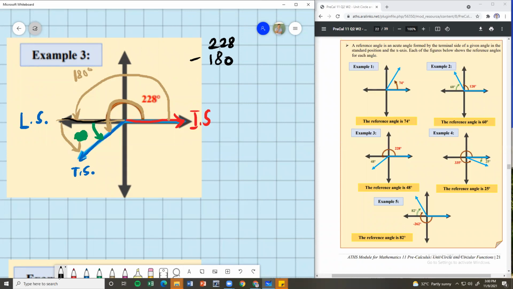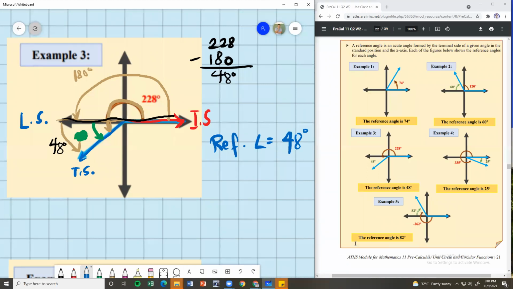Hanggang dun ka lang kasi kukunin, kasi yun yung reference angle mo. When you subtract, that becomes 48 degrees. So your reference angle here will be 48 degrees.